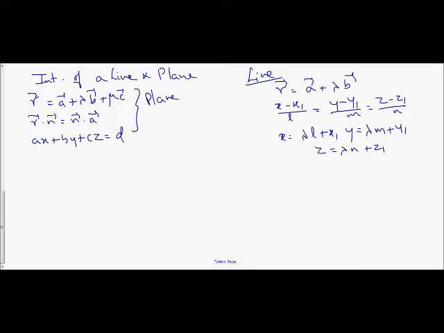That's the concept here. Whichever form has been given, try to put them all into vector form. So that means you are only using this and this. This is one method for finding the intersection of a line and a plane.